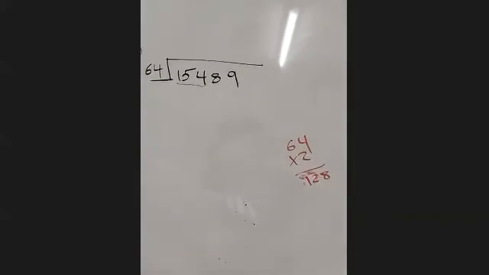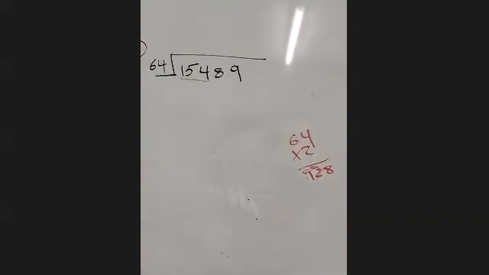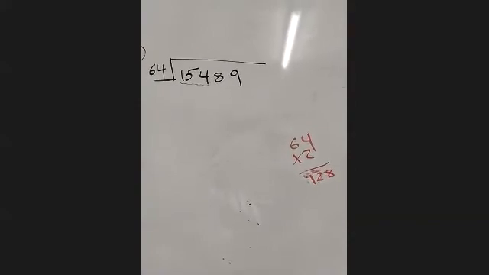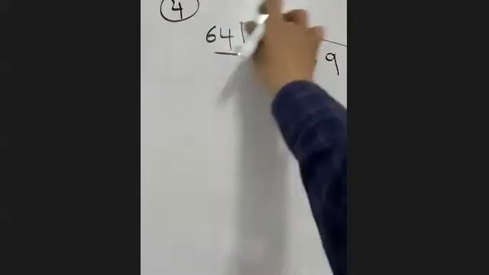It is the closest, because if we add another 64, it will be more. So we use 2, because 3 will give bigger. 2 by 64, 128.